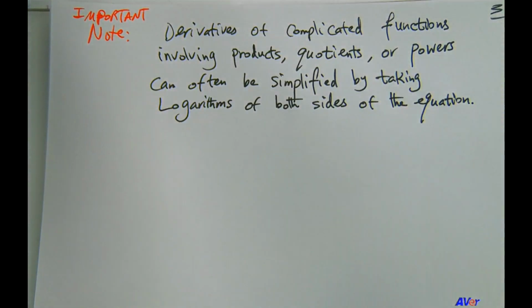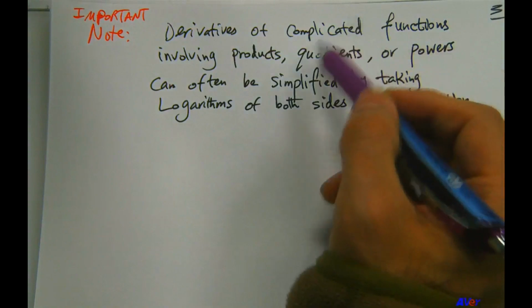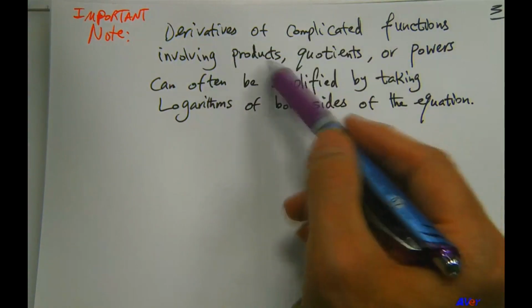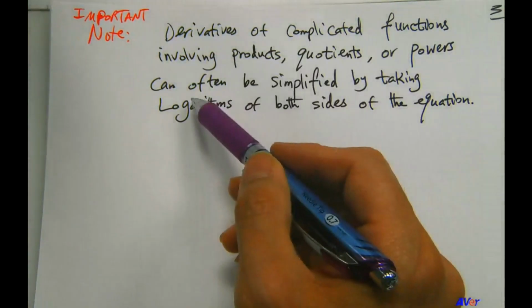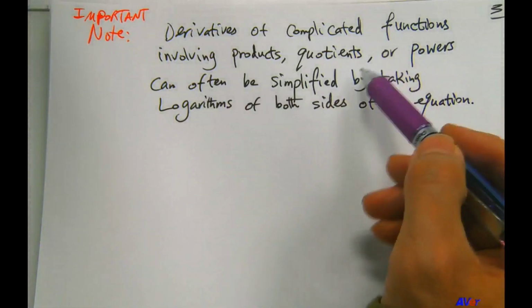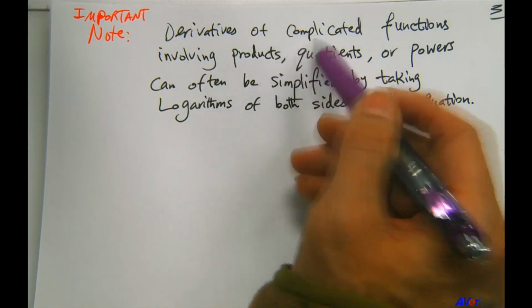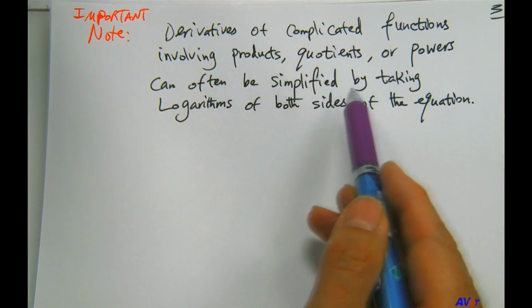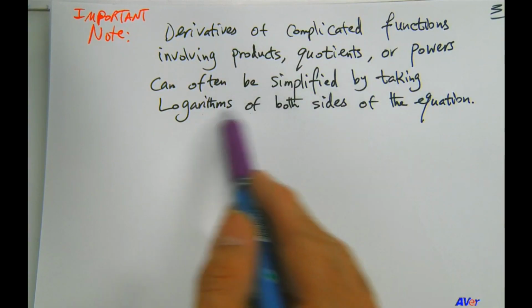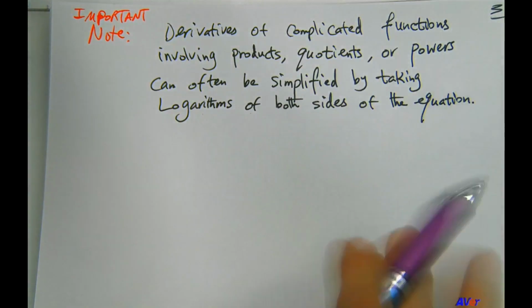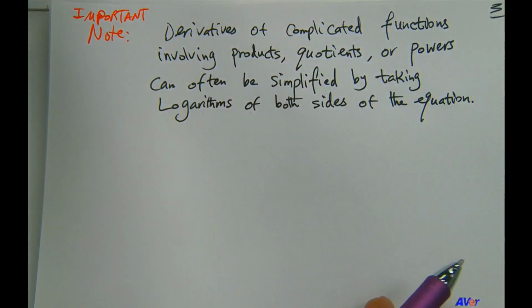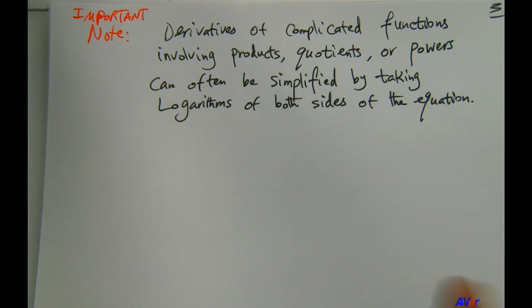Okay, so we may come across complicated functions that involve products, quotients, and powers. In such cases, let's remember this technique also, that we can take the logarithms of both sides of the equation to simplify it. For example, if you have a quotient, you remember the property of logarithms, right?